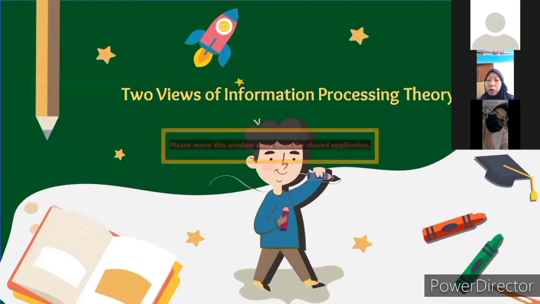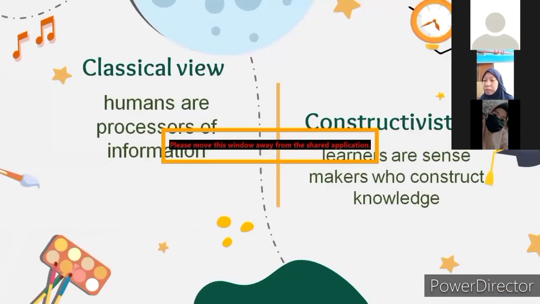Okay, now we are going to talk about two views of information processing theory. So there are two views of information processing. The first one is the classical view. According to the classical view, humans are processors of information.